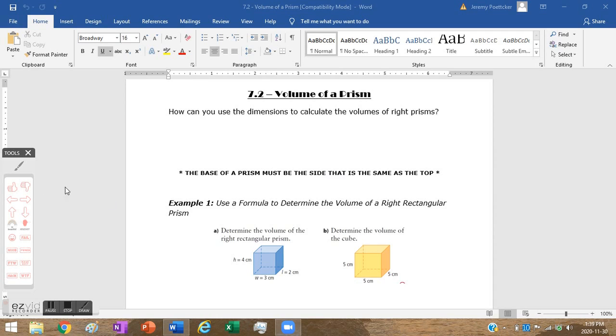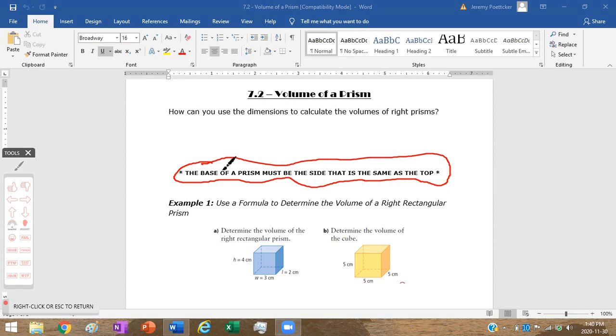So now, the one thing here, with any of this stuff, this is really important. The base of the prism must be the same as the top. What this means is this is not going to work for a pyramid, right? So, we make a pyramid shape of some sort.